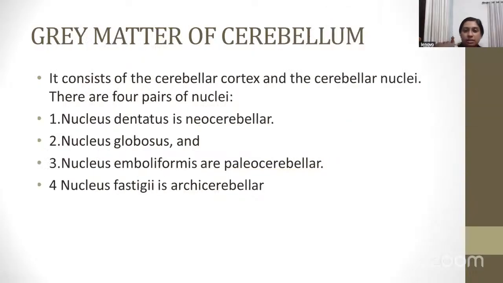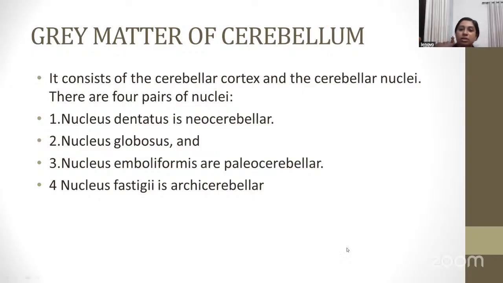Okay. And when the cerebellum is taken into consideration, we have outer gray matter, and inside that we have the white matter, and inside we have some amount of gray matter that is organized into nuclei. And basically 4 pairs of nuclei are seen inside the cerebellum.